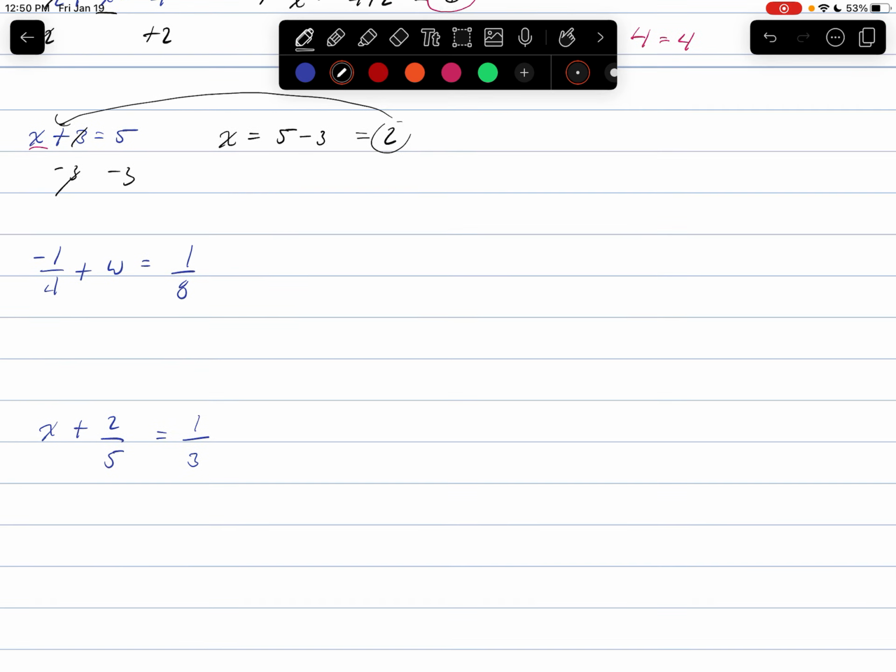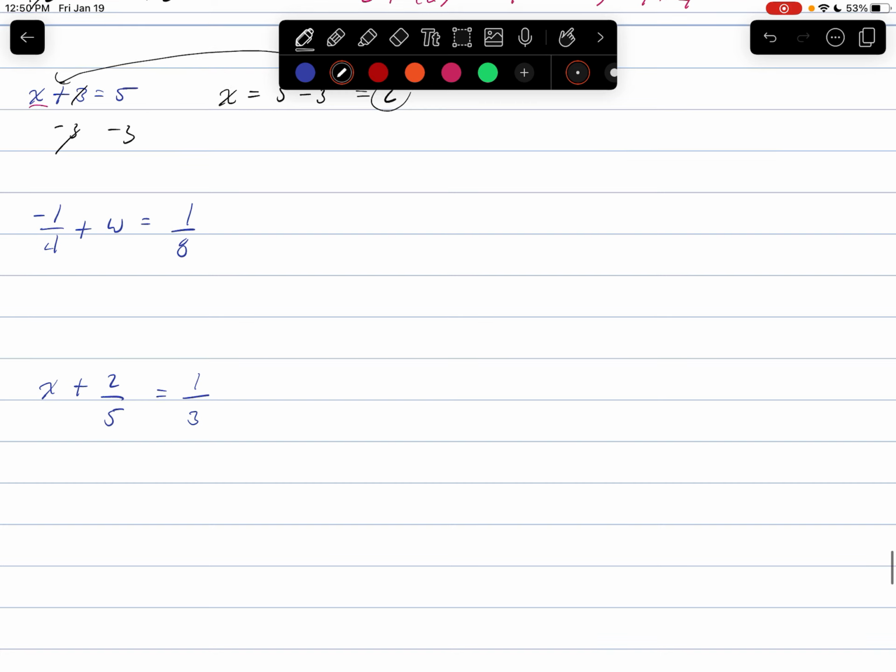Okay, now let's take a look at a slightly harder example. Here we have -1/4 plus w is equal to 1/8. So again, we want to isolate w by itself, so let's add 1/4 to both sides of this equation. That will cancel here. So we're going to end up with w is equal to 1/8 plus 1/4.